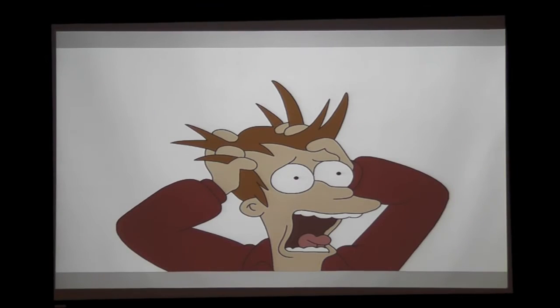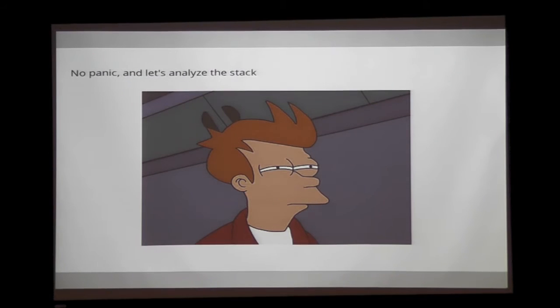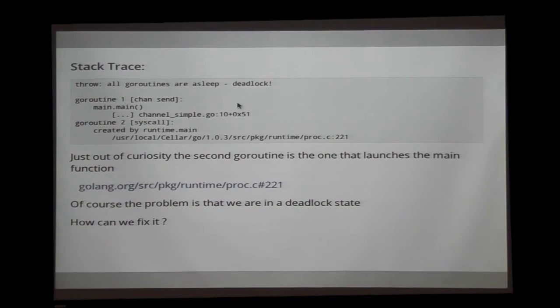Okay, stack trace. There is no panic, you know. The stack traces are very useful to debug, and will tell you exactly which of the coroutines is in deadlock. And as you can see, this is where it got stuck at line 10.